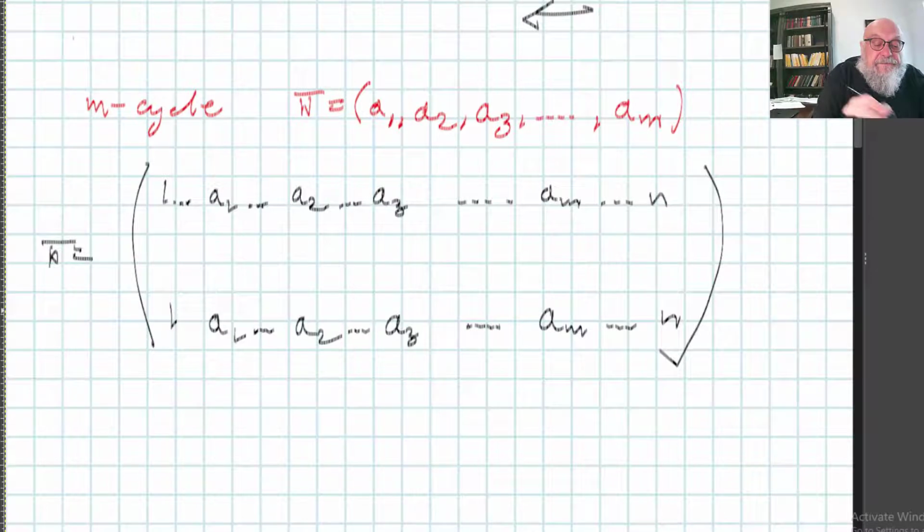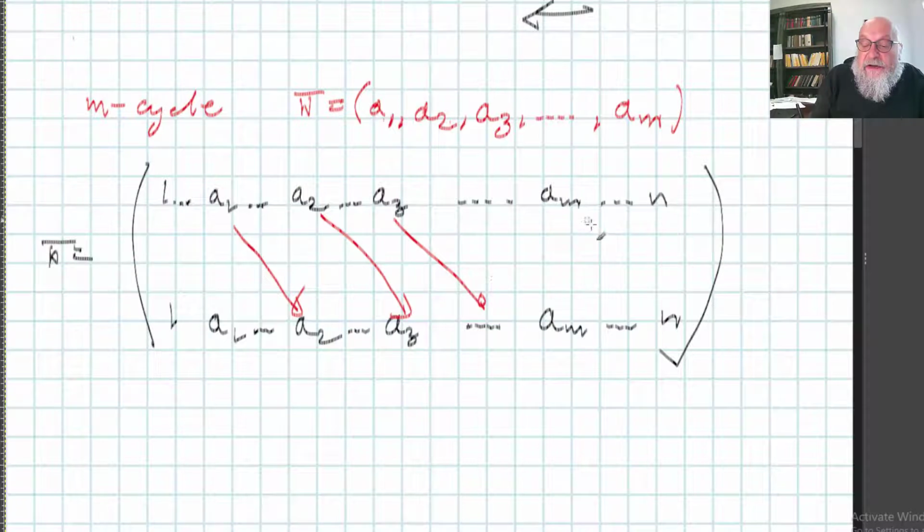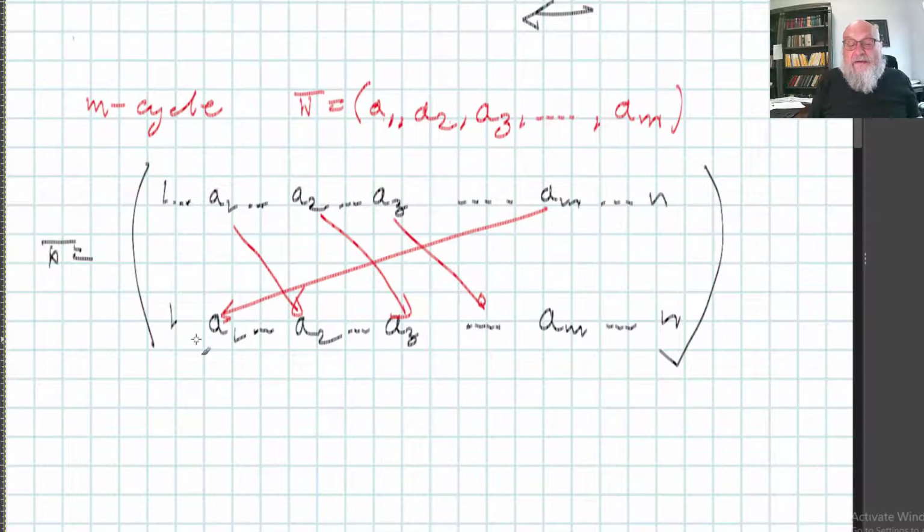So what do we have here? A1 is mapped to A2. So that means A1 goes to A2. A2 goes to A3. And that one goes to the next one, and the last one goes back to A1. So it is a cycle. It is nicer to just denote it like that.